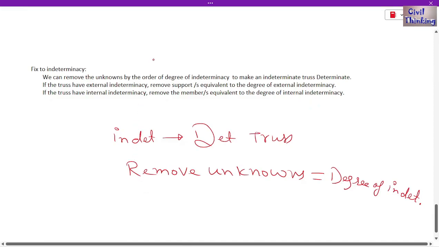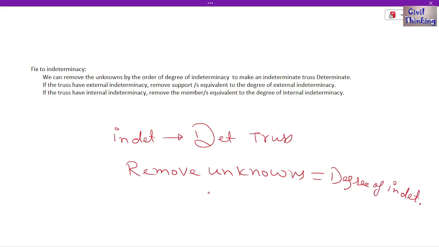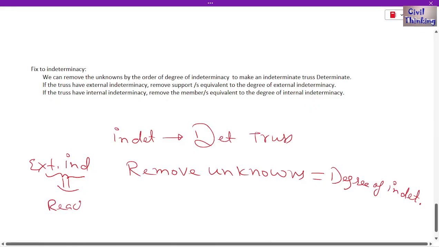Degree of indeterminacy. So if a truss is externally indeterminate, which unknowns are involved in externally indeterminate trusses? The external reactions, or the support reactions, are involved.